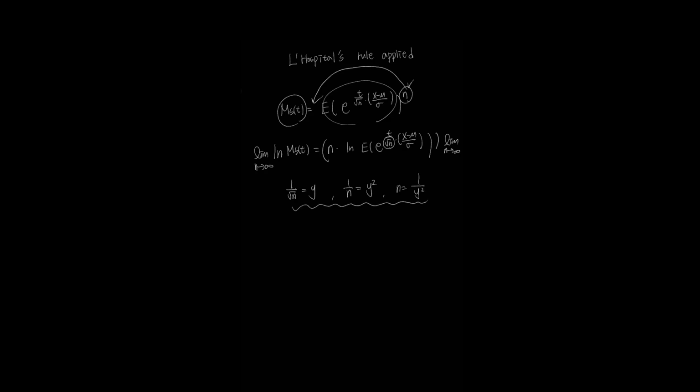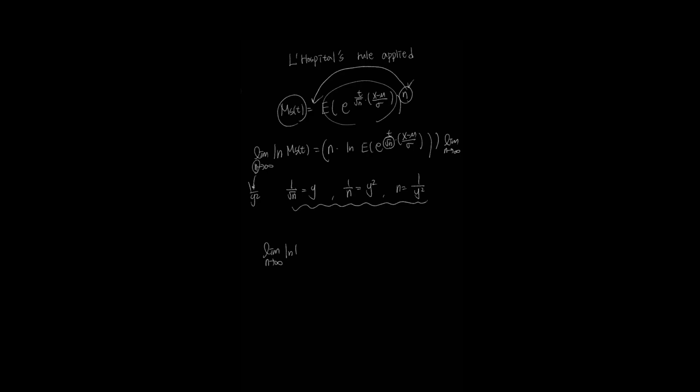So we put y here to permute. So we can change the whole calculation from n into an expression in y, so here it would be 1 divided by y squared.